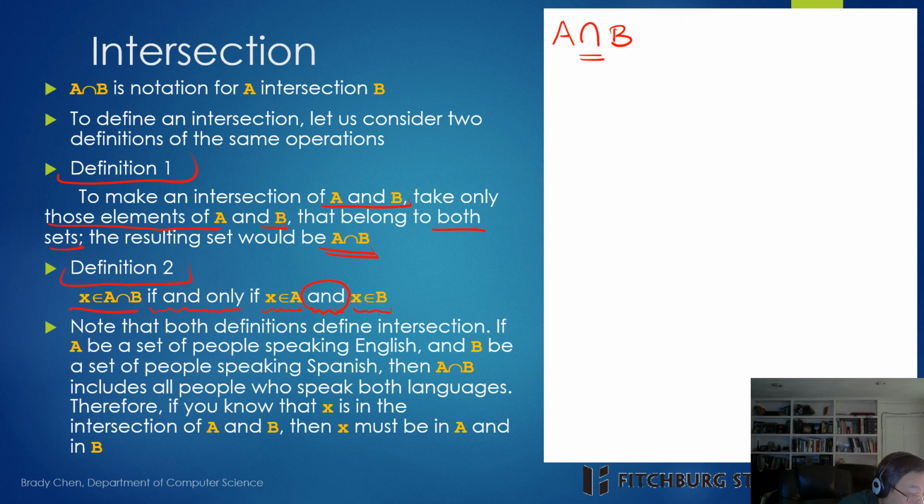Now you can clearly see the difference between the union and intersection, right? So now take a look at the example. Again, let's say A is a set of people who speak English, and B equals a set of people who speak Spanish.